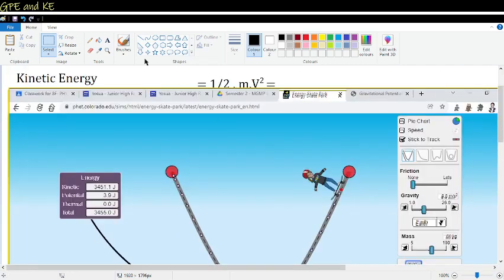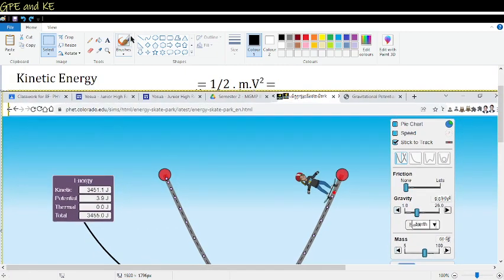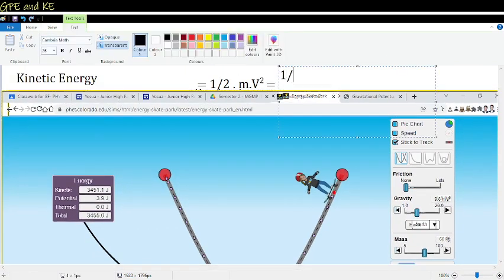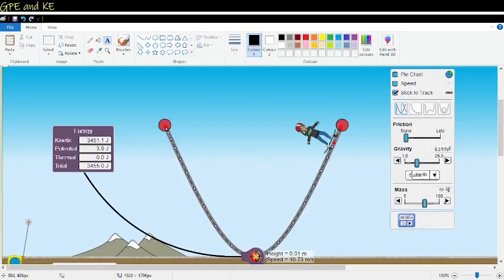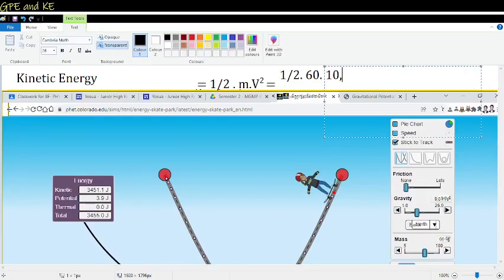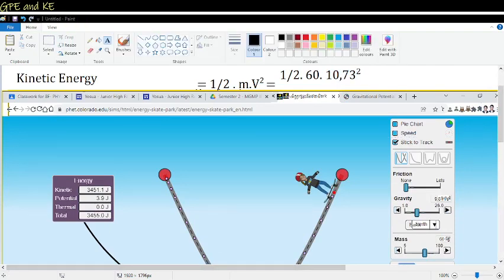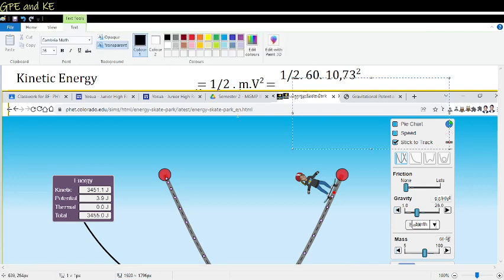So the speed is 10.73, and we just need to put it into the formula. The mass is still the same, 60, and the speed is 10.73 squared. So make sure you square it. Let's use the calculator again: 10.73 squared times the mass 60 divided by 2, we get 3453.